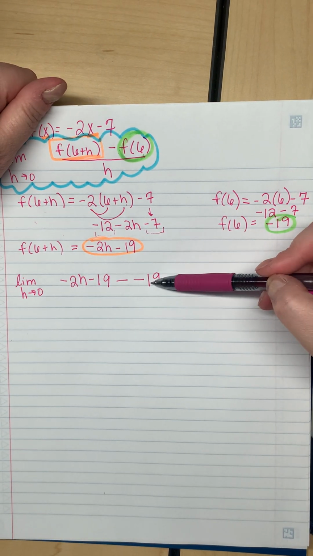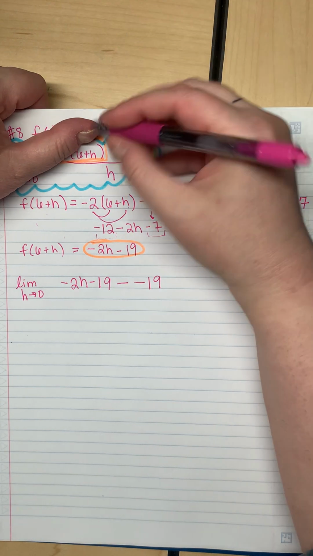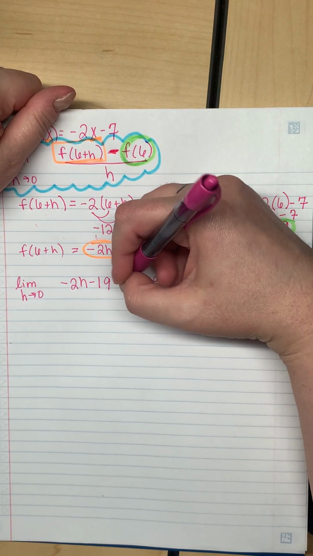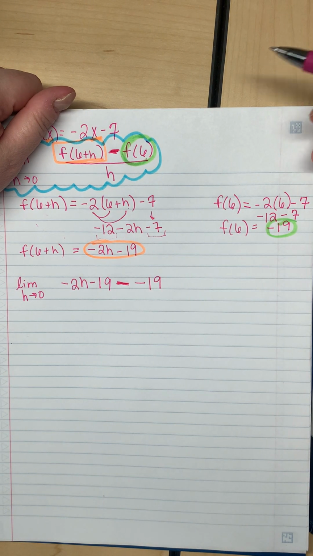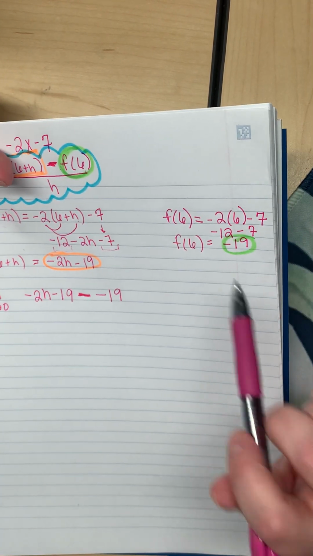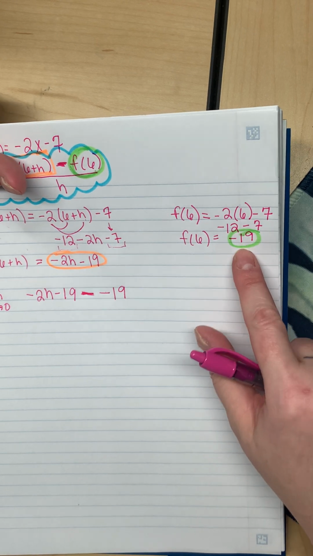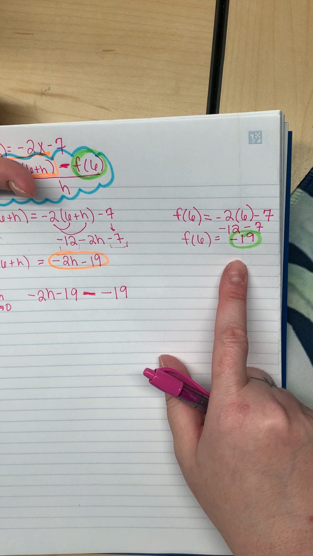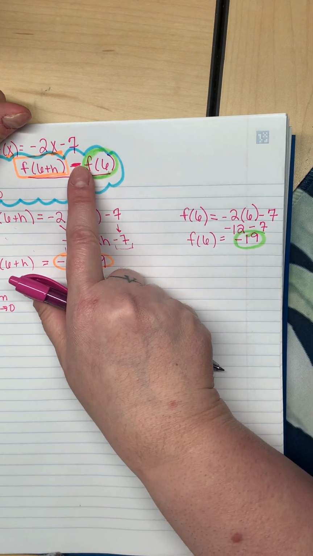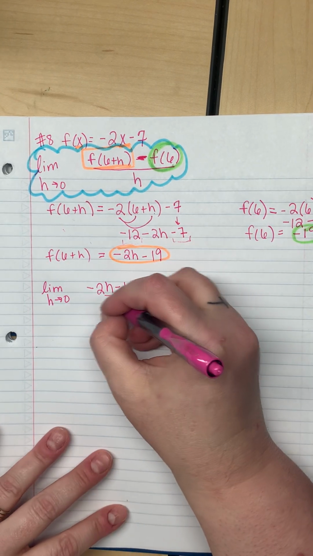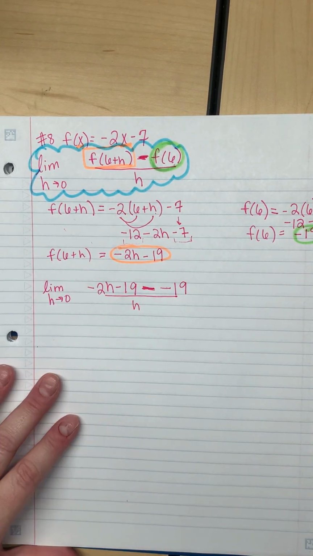Whoa, where did these two negatives come from? The first negative came from the formula. The second negative came from when f of 6 was actually negative 19. So I had to put two negatives, one for the negative 19 and one for the minus in between in the formula, all over h.